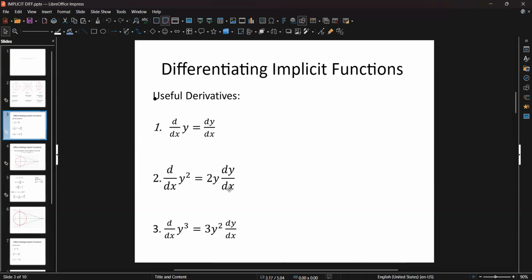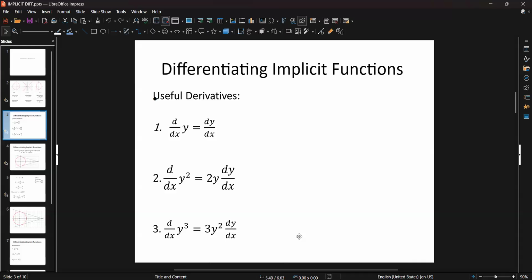Chain rule. So 2y dy dx is the derivative of y squared. Similarly, d dx of y cubed: you get 3y squared, but then when you differentiate the inner function, the y, you multiply by dy dx.